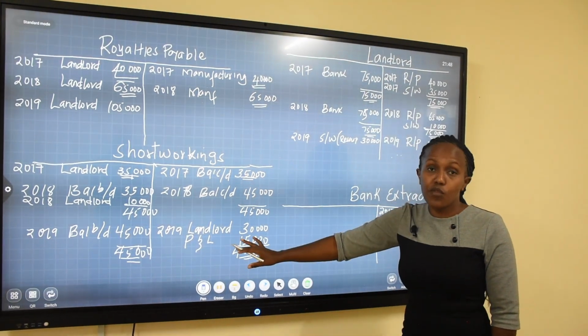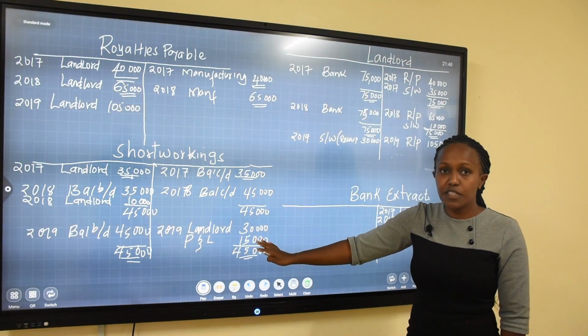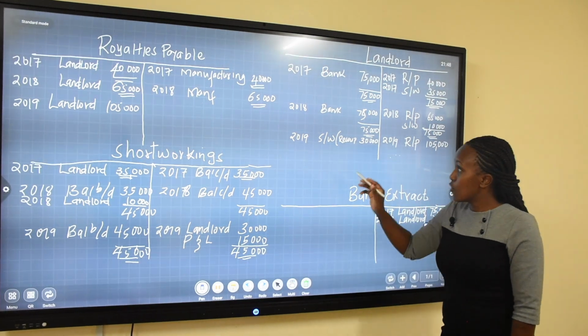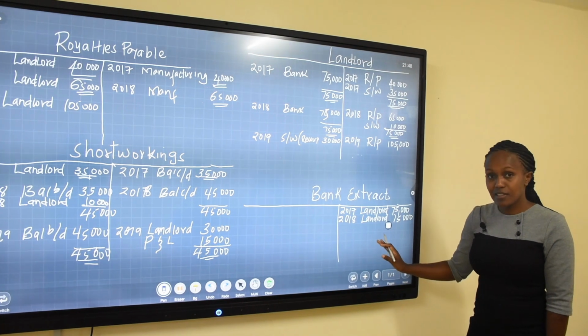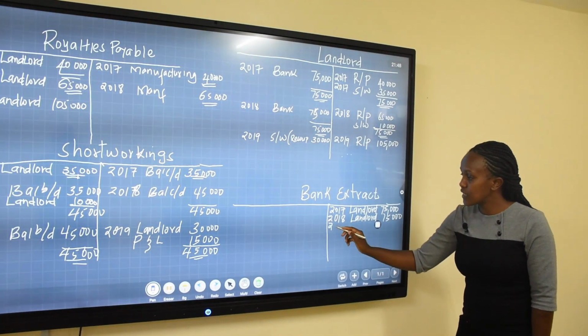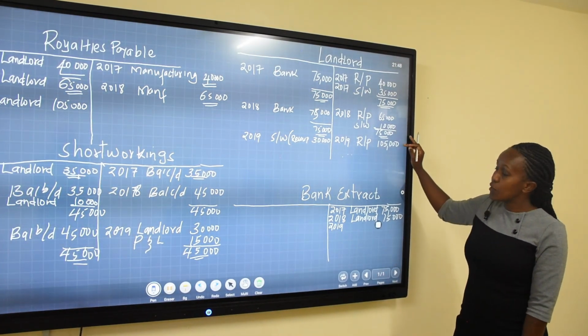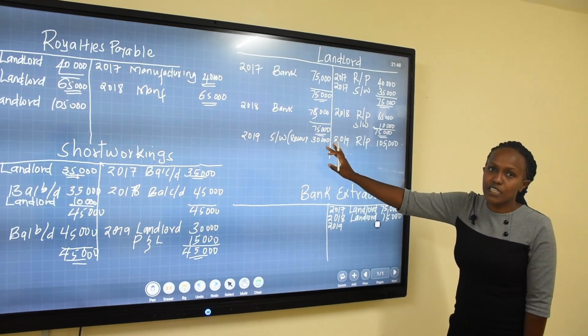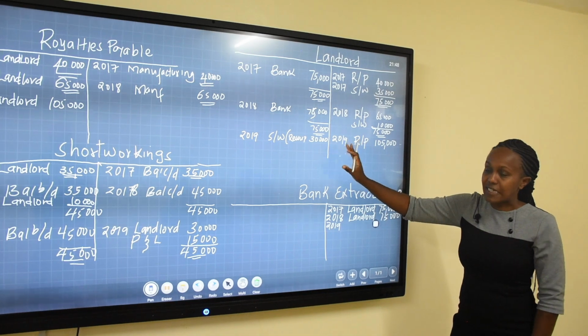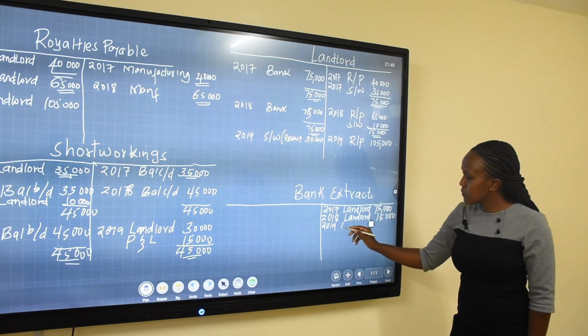So this account is over. We can no longer recover the 15,000 we have written off. Now let's pay the landlord. Here is where we pay the landlord in the bank. The landlord is going to be paid 75,000. He would have been paid 105,000, but he has given us 30,000 to offset our previous losses as a tenant. So we are going to pay him again.